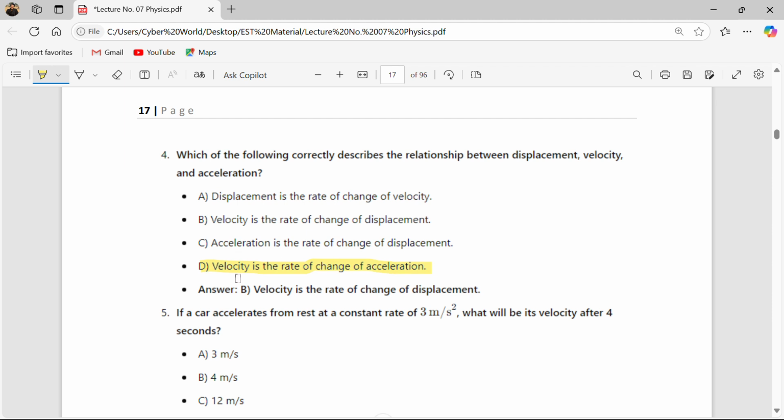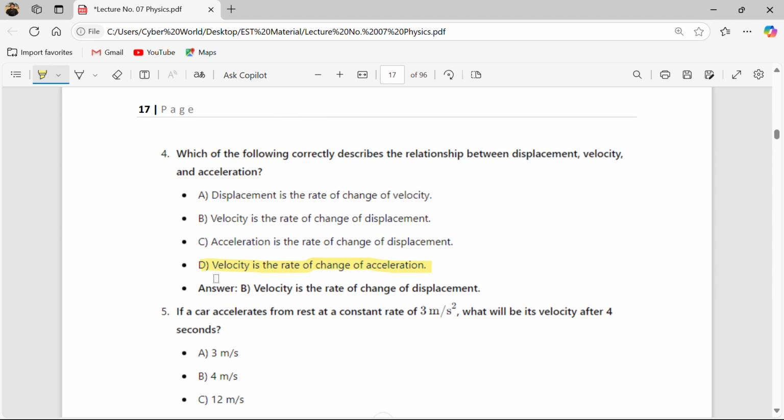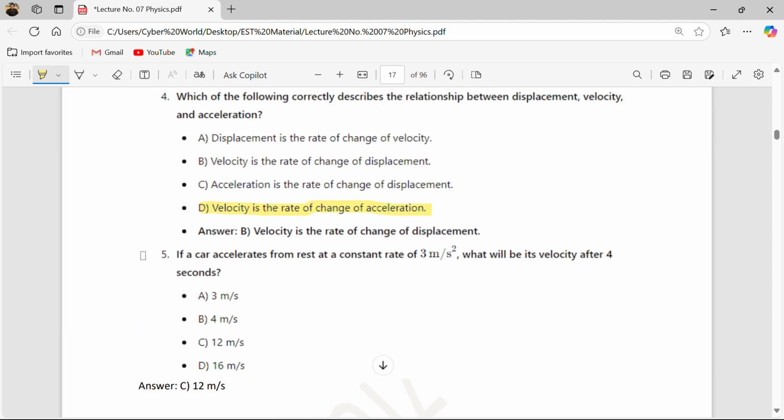Sorry, the answer is this one: velocity is the rate of change of displacement, not of acceleration. Velocity is the rate of change of displacement, and acceleration is the rate of change of velocity.